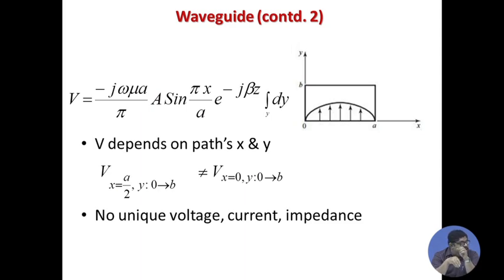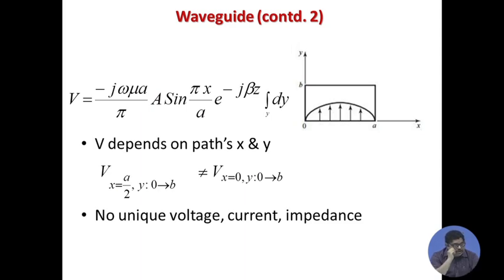At the middle, if we take that integration of y from y is equal to 0 to the top wall y is equal to b, we will get some value of that line integral, and that obviously is not equal to the thing if we do at, let us say, x is equal to 0, that means on the narrow wall. So, unique voltage, current, impedance, these are not defined in case of a single transmission line.